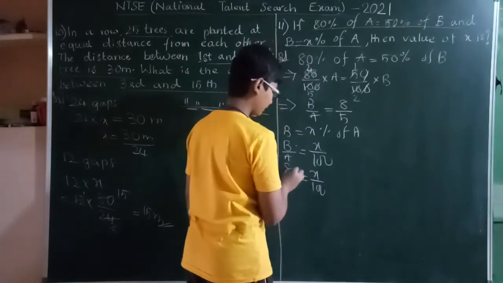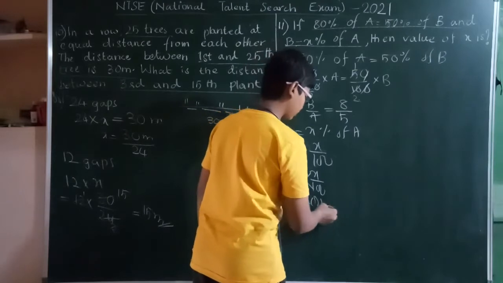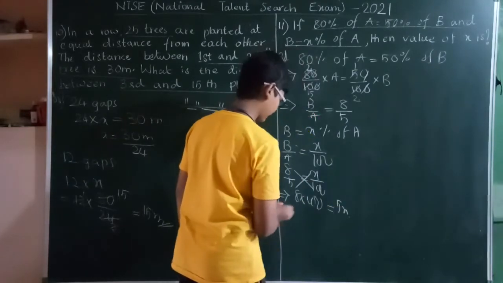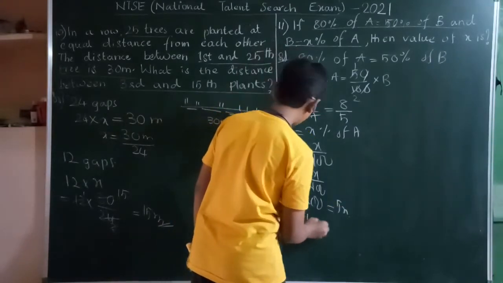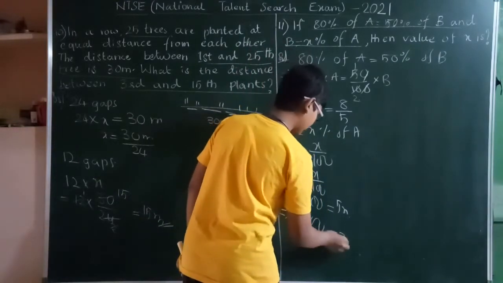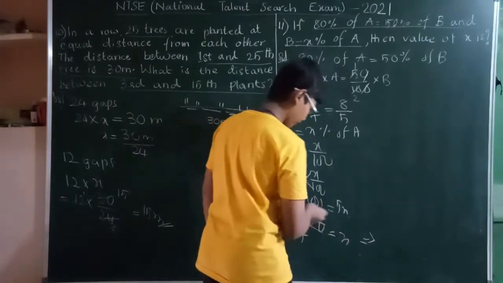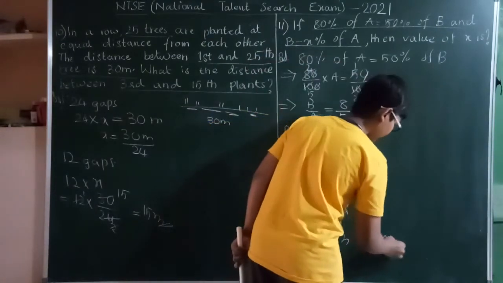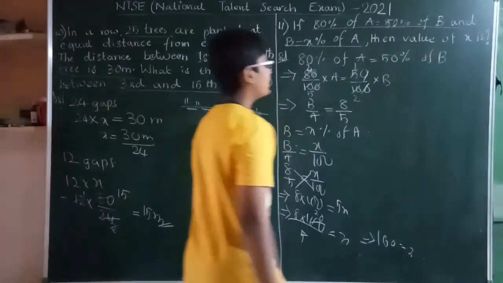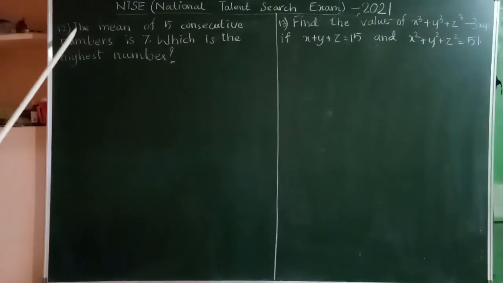Cross multiply: 8 into 100 is equal to 5x. That is, 8 into 100 by 5 is equal to x. 5 ones are 5, 5 20s are 100, so 20 into 8 is 160, which is equal to x. So therefore x is 160. Now let's see the 12th question.